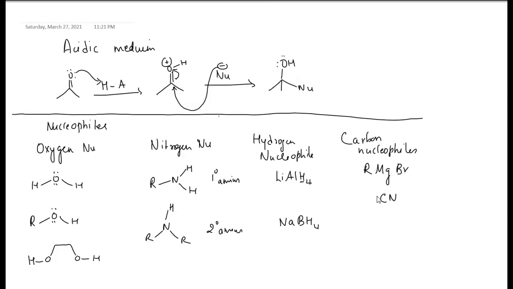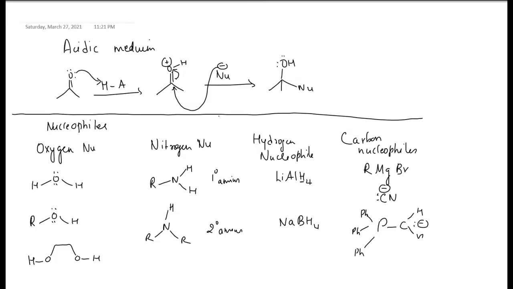Another example is cyanide, which also acts as a nucleophile, where the carbon atom is the attacking atom. The last one is Wittig reactions, where there are species called ylids, and we will look at reactions of these. We'll talk about these two nucleophiles in another video, but in this particular video, we'll talk about the oxygen and the nitrogen nucleophiles.